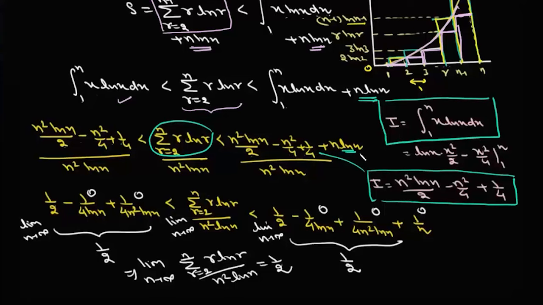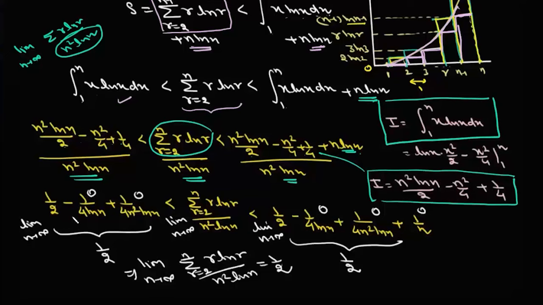Now we need to find this limit, as n tends to infinity, of the summation r log r upon n square log n. So what we'll do is we'll divide everything by n square log n. So we have divided everything by n square log n. Now here n square log n will cancel.